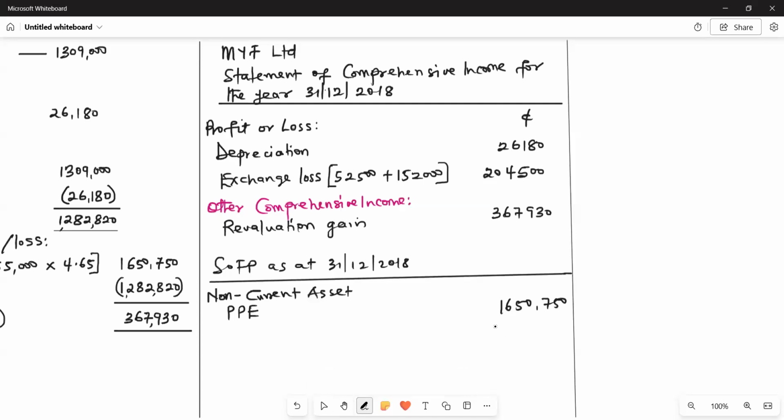Then, what again? And the equity, we have something to treat, right? Yeah, revaluation gain. Revaluation reserve. How much? 367,930.